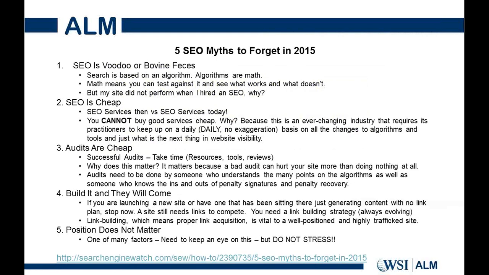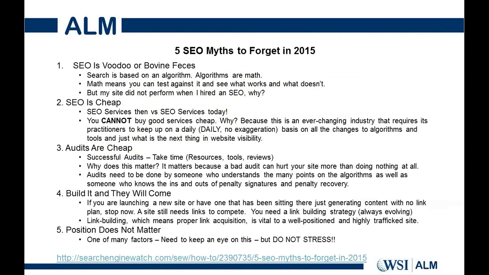So the article talks a little bit about how bad SEO practitioners are leaving a bad mark in our industry, and as a result, sometimes clients or prospects may think that SEO is voodoo or bovine feces, right? So we all get that one. However, in reality, the article talks about the fact that SEO is really a practice to optimize websites that is based on algorithms, and algorithms are math.